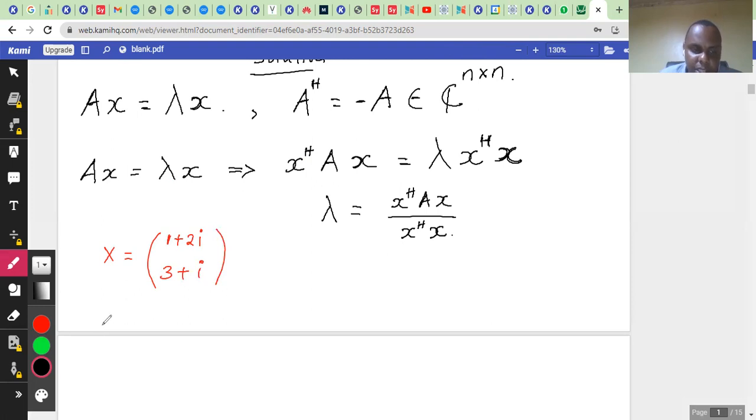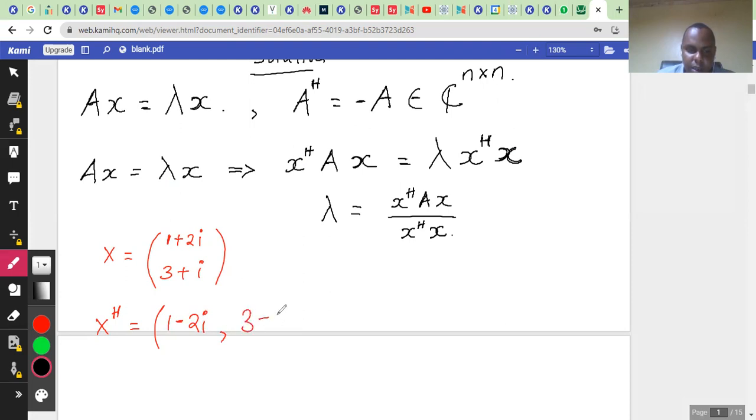What will be x^H? You have to take its conjugate and transpose. To take a conjugate, it's 1 minus 2i, 3 minus i, and then you transpose it.